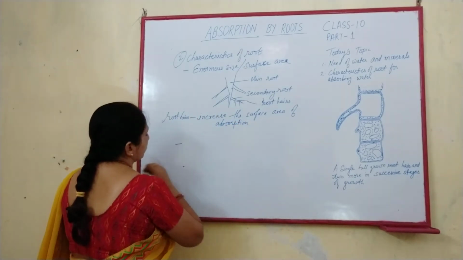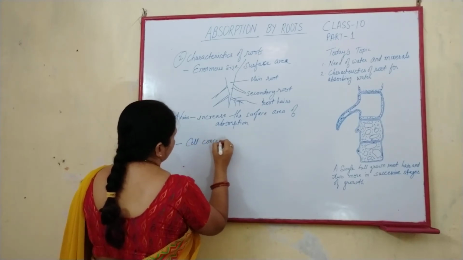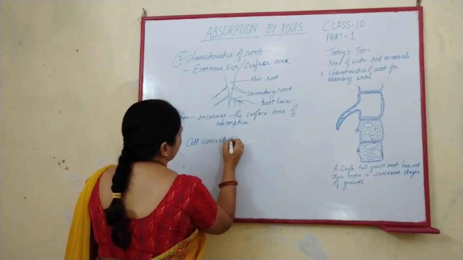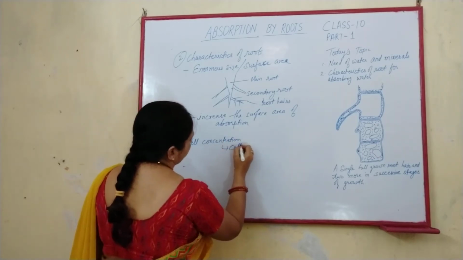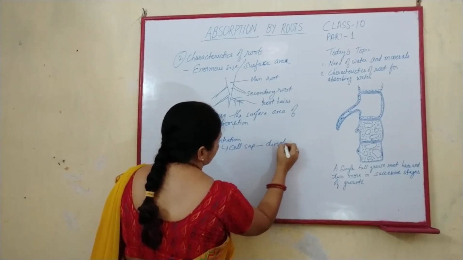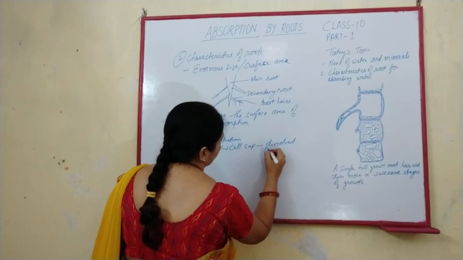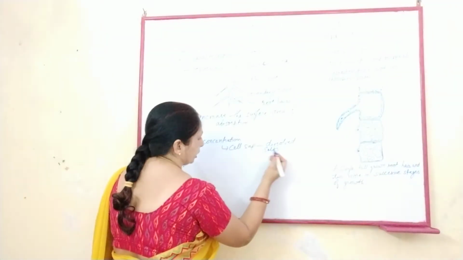Number 2 is cell concentration, or concentration of the cell sap. Cell sap contains dissolved salts, and these dissolved salts give a higher concentration.